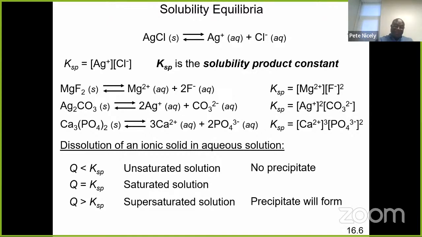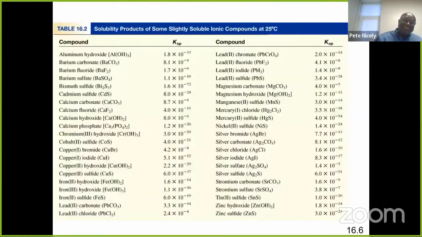Now, the next slide I'm going to show you is a list, and this is by no means an exhaustive list of different sparingly soluble ionic compounds and their corresponding KSP values. What should come to you immediately when you look at this list is that these KSP values are very small. That is typical of these values.